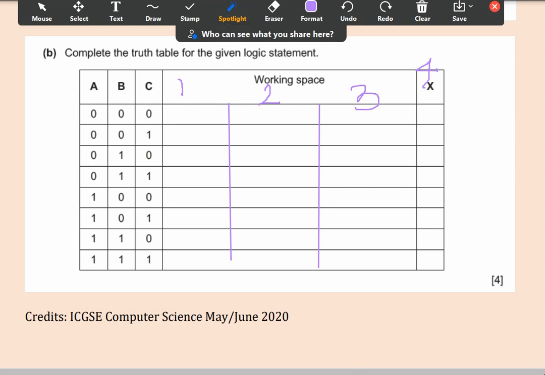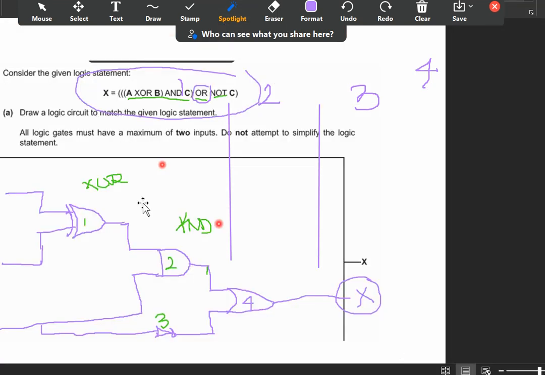Now, the first one is the first gate here.